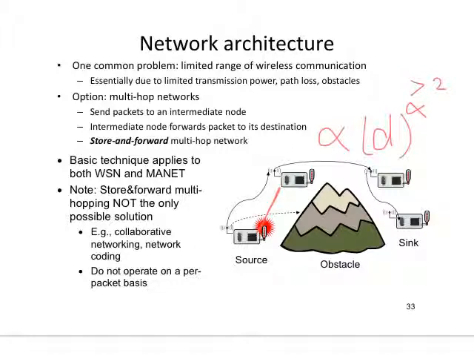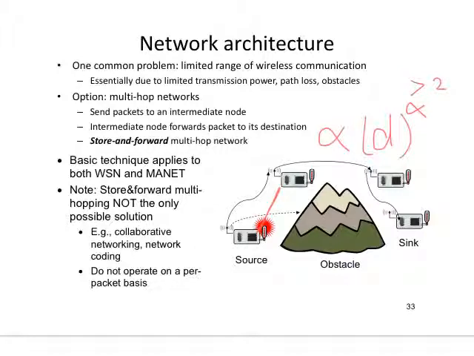The typical value for city regions is maybe 4 or 3.7. Okay, that's fine. So if we can reduce d, this means that we can potentially reduce the energy by more than half sometimes.